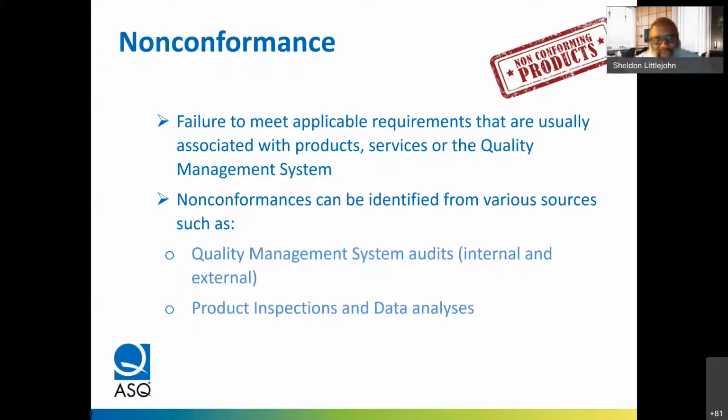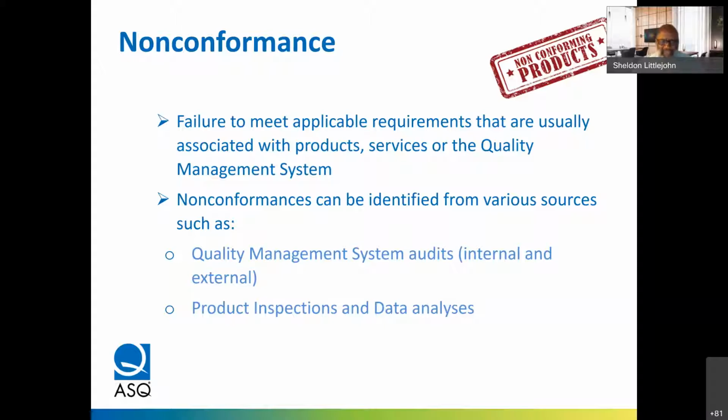Non-conformance refers to a failure to meet applicable requirements. And it can be applied to services, quality management system, or products manufactured within the organization. Non-conformances can be identified from various sources. Here we're saying that we can have a non-conformance being identified during an internal audit or an external audit.